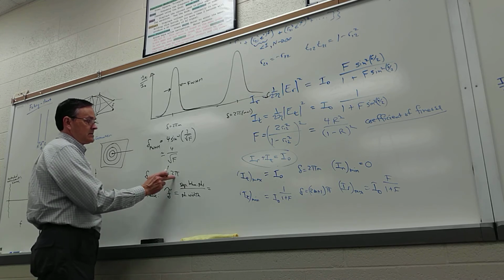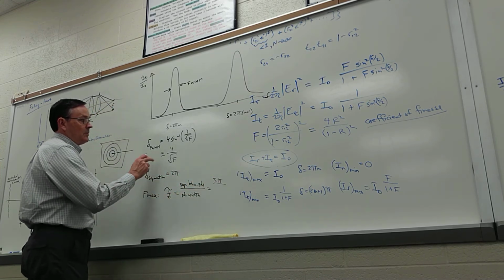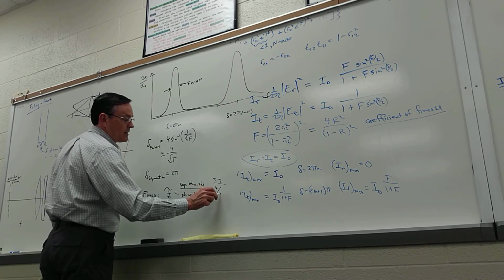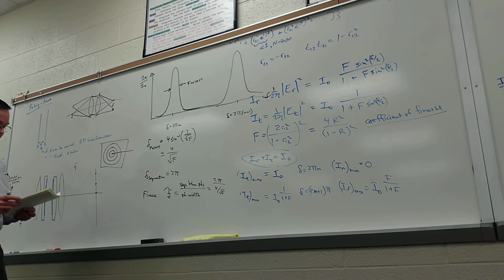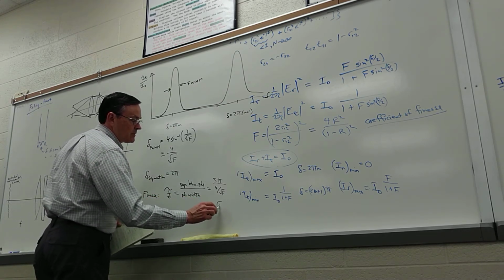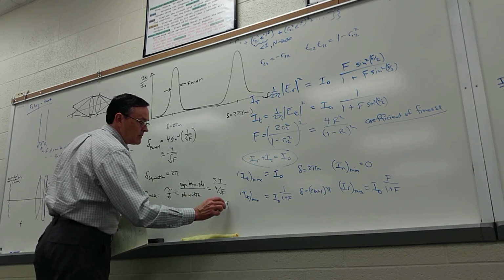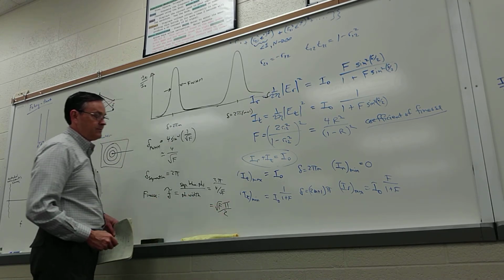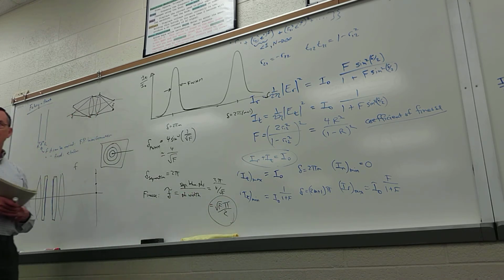The separation between the peaks is 2 pi, and the peak width is 4 divided by the square root of the coefficient of finesse. So this is the square root of the coefficient of finesse times pi over 2. That is the finesse of this Fabry-Perot.